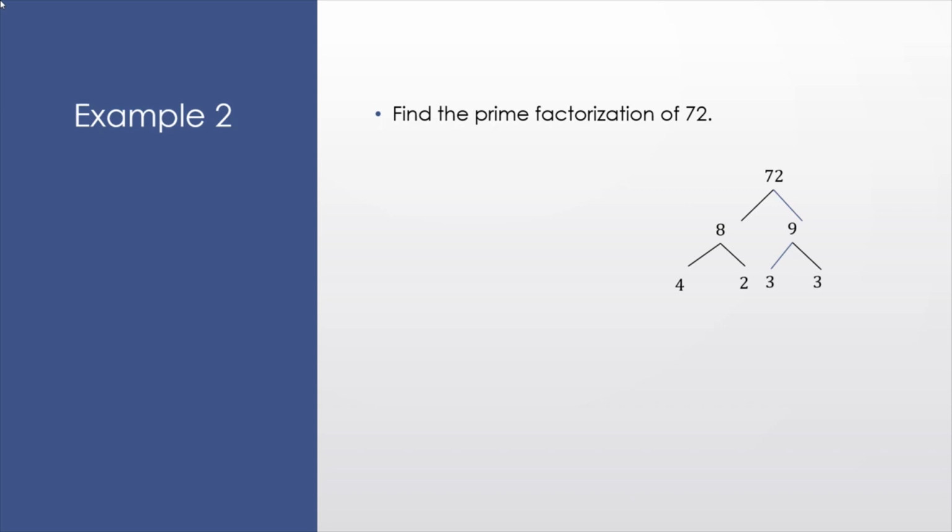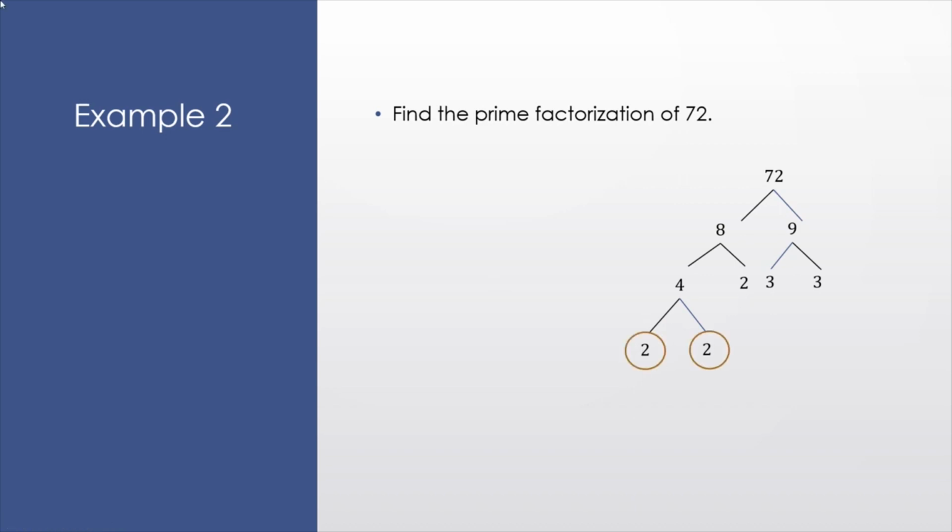Now on the ends of these branches, you want to get to the point where you have prime numbers, right? A number that's only divisible by itself and 1. So we have to go a little further with the 4. 4 would be 2 times 2. Now, to get your prime factorization, it's going to be the ends of these branches.